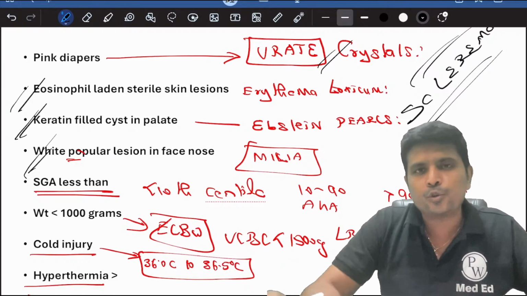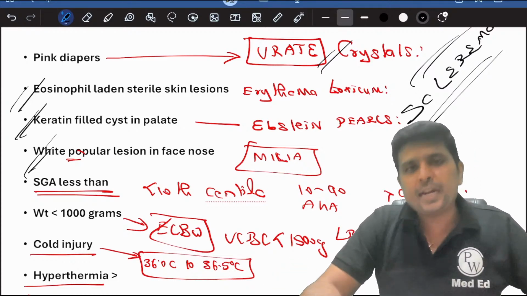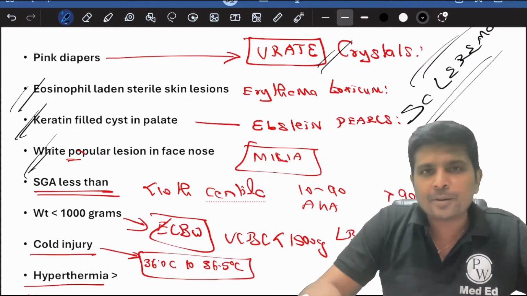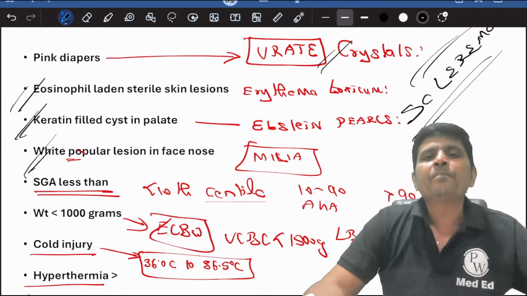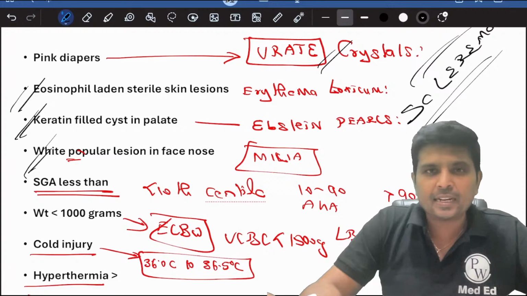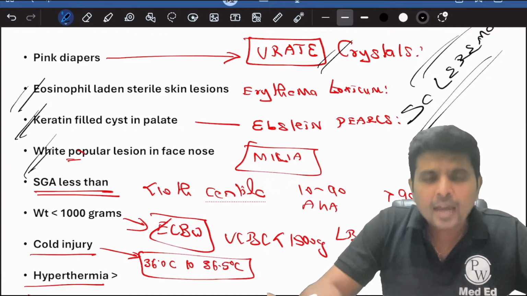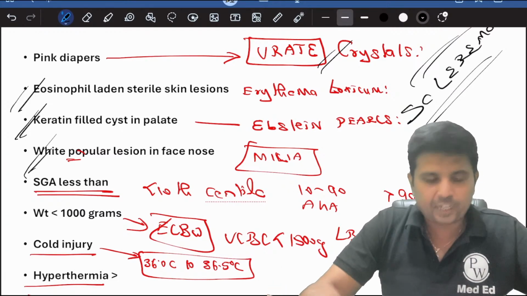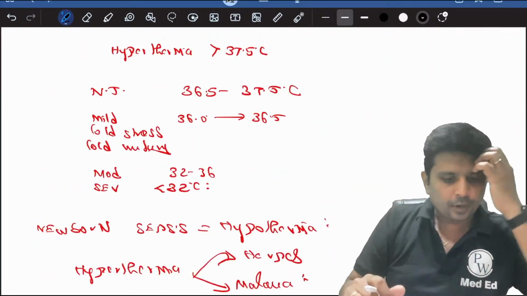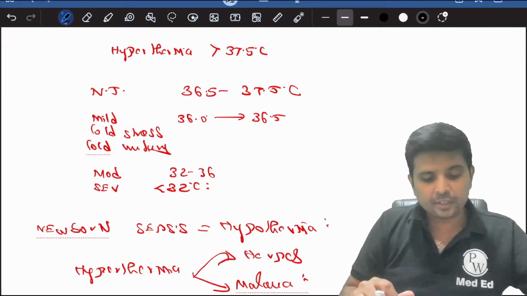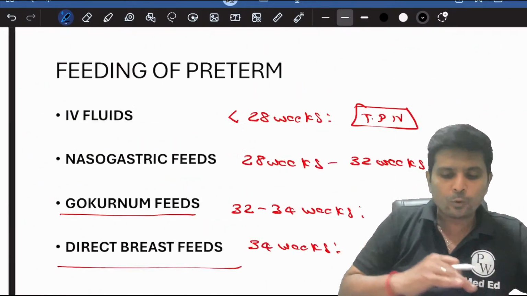This is an often asked question in your entrance examination. And remember how to increase the temperature of the baby. The answer is very simple. When the child is more than 1800 grams, what you need to do is kangaroo mother care, right? Kangaroo mother care. So these are all the things that we have explained right now.